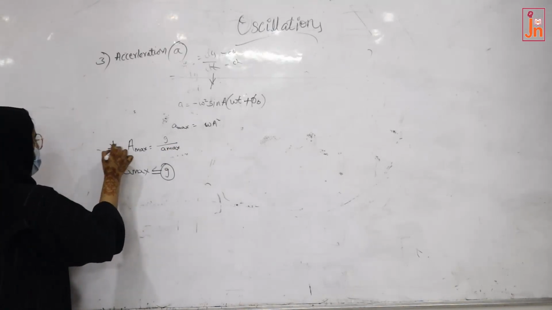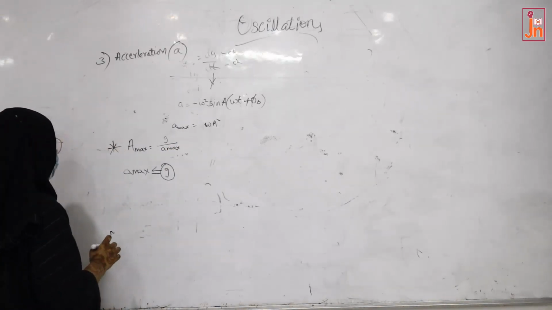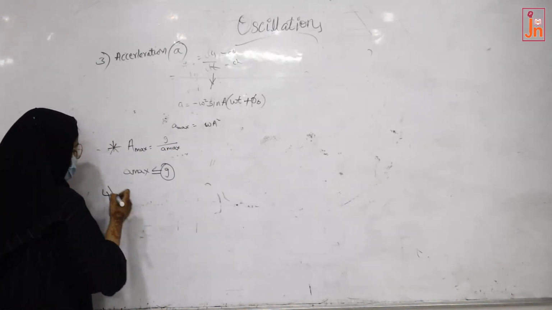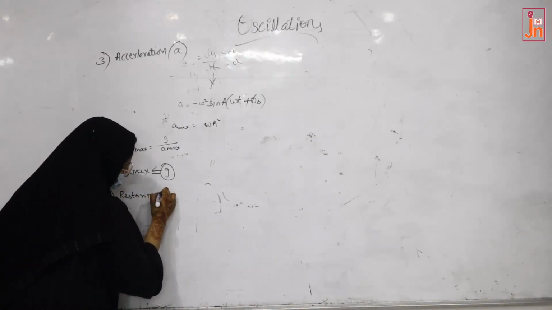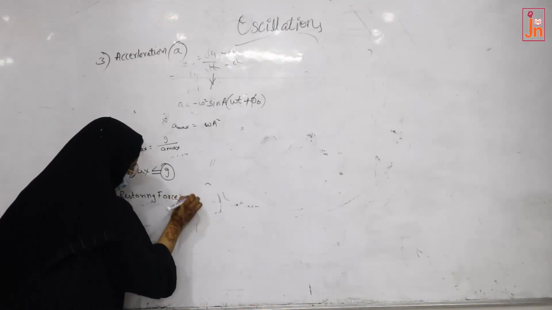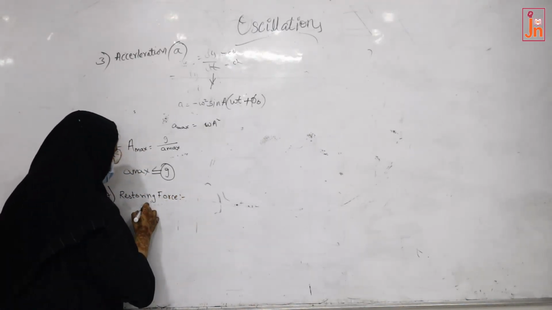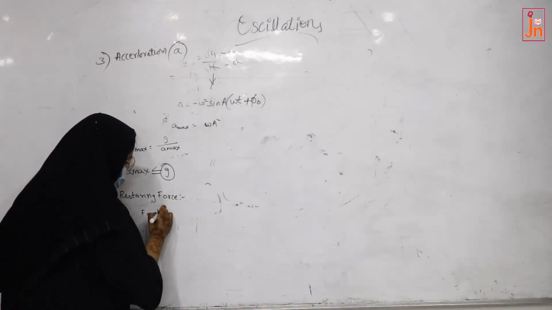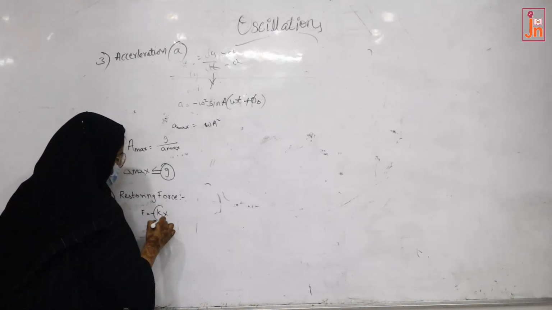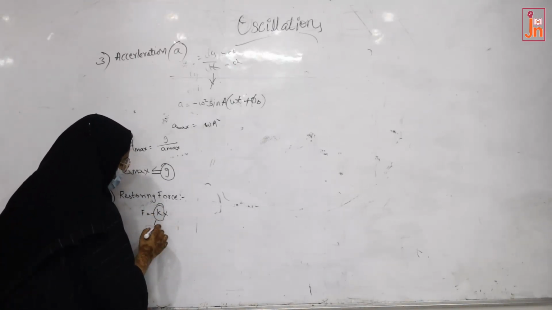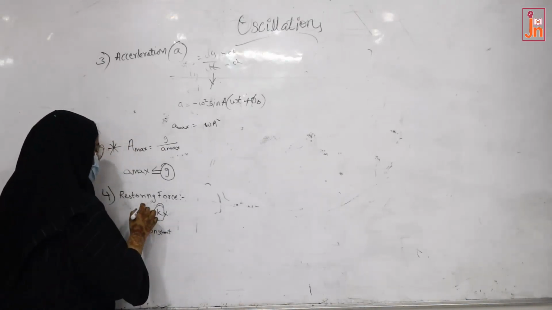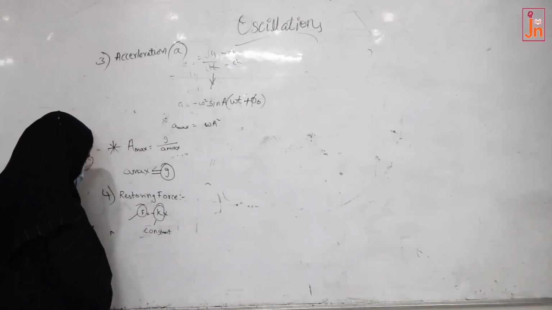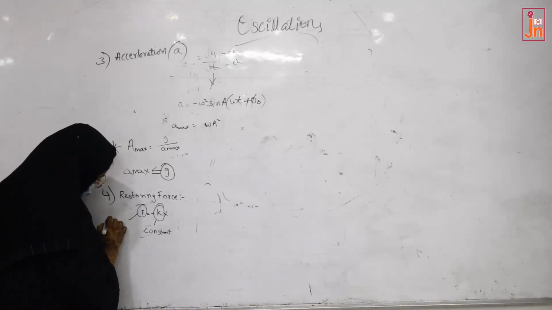This is one point. Now coming to the fourth part, which is the restoring force. The restoring force is F is equal to minus kx. We know that k is a constant value, and again we know that F is equal to m omega square x.